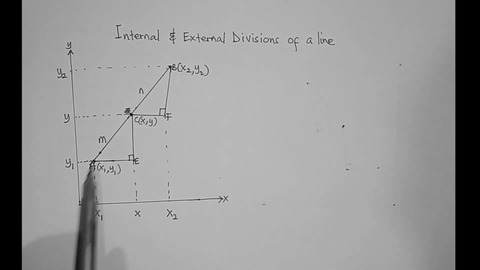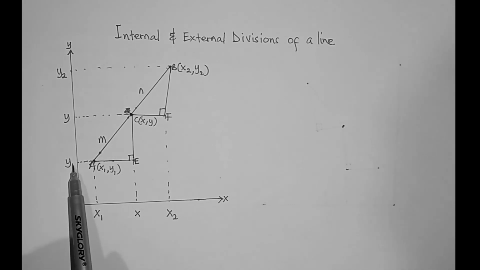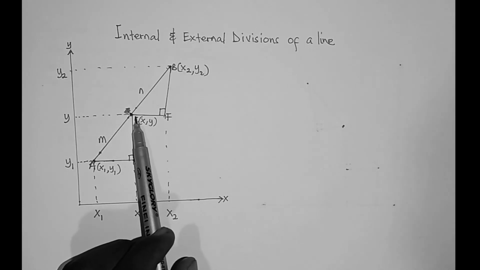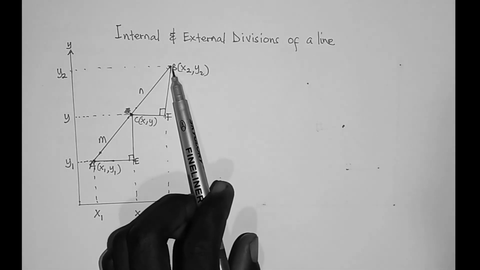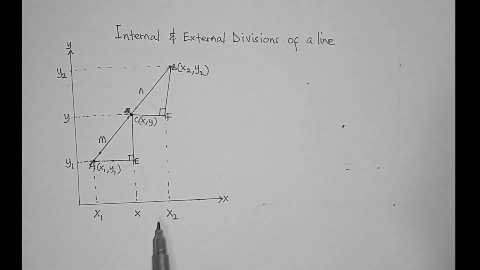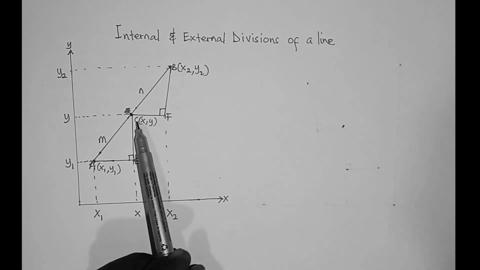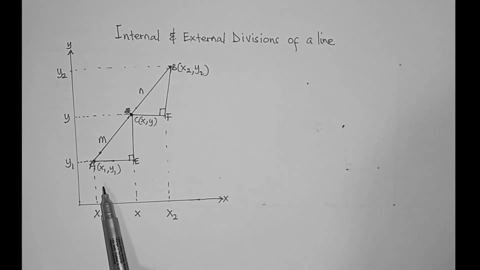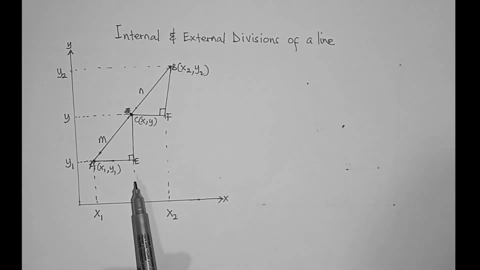At A, the x component is x1 and the y component is y1. At the point C, the x component is x and the y component is y. And at the point B, the x component is x2 and the y component is y2. So what relation would join x, x1, and x2 with reference to the ratios in which the line was divided?